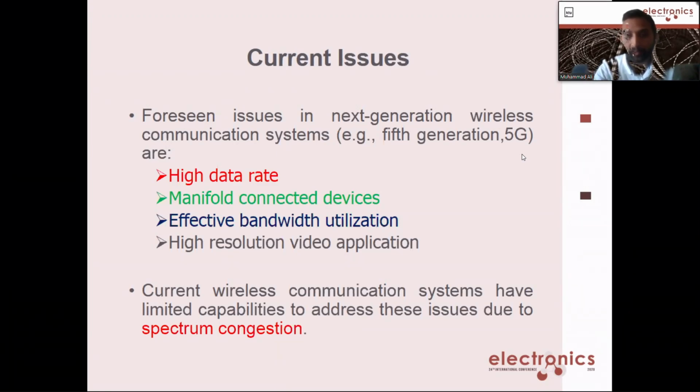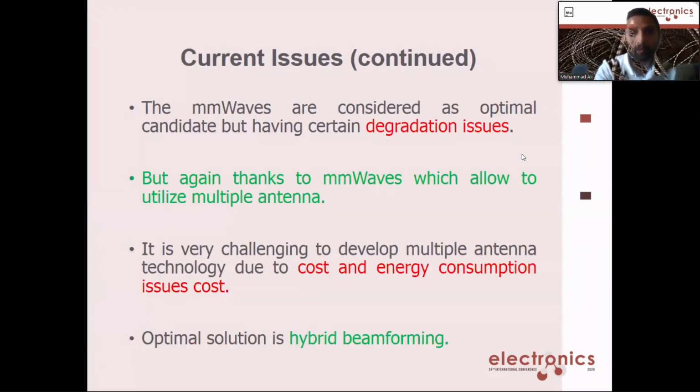So spectrum congestion in current communication systems is strongly realized. Therefore, researchers are continuously striving for the upper part of the electromagnetic spectrum that starts from 30 gigahertz to 300 gigahertz, which has a very short wavelength in the range of millimeters. That's why these are known as millimeter waves.